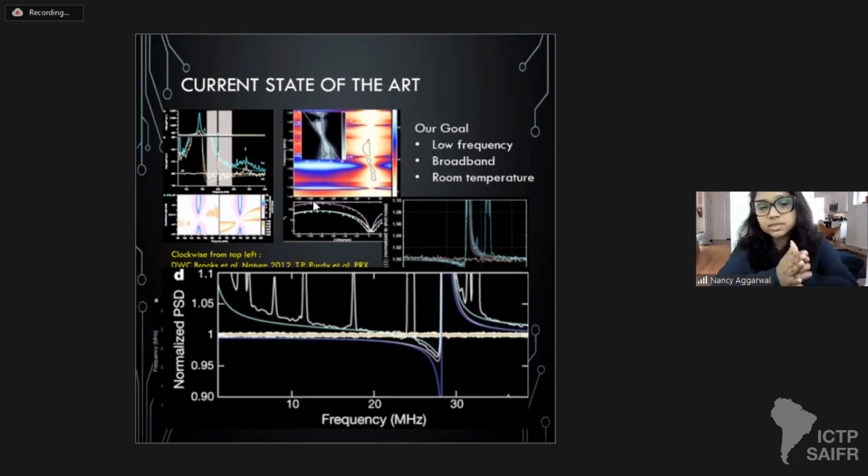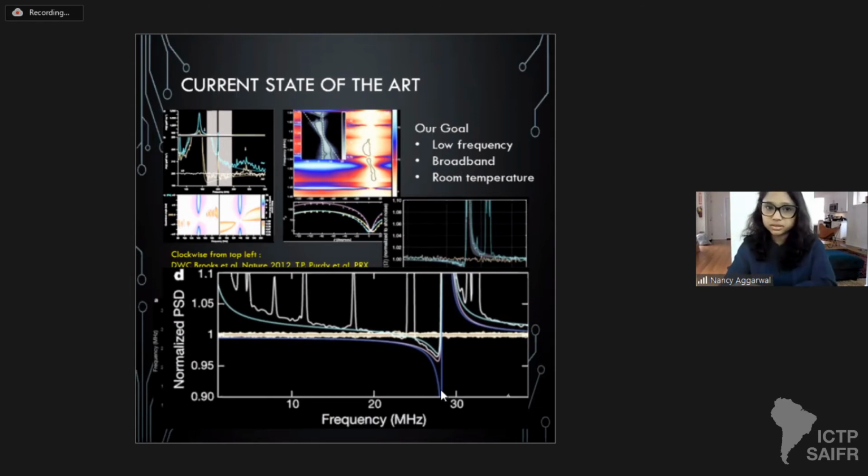First of all, they use very high frequency mechanical oscillators, in the megahertz, and they cool their experiments down, and then they measure the squeezing right near the mechanical frequency. What that ends up making is a squeezing that's a very narrow band, because you're using the mechanical resonance of the oscillator, or the amplification from the resonant features.